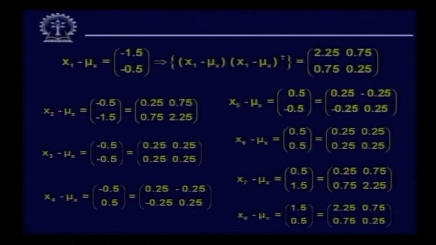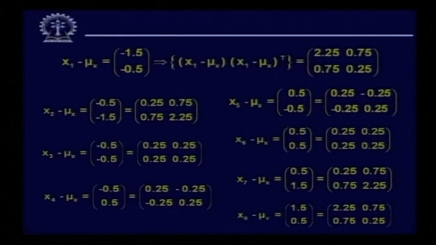Here, for the first vector x 1, which is the vector 3 4, x 1 minus mu x will be minus 1.5 and minus 0.5.